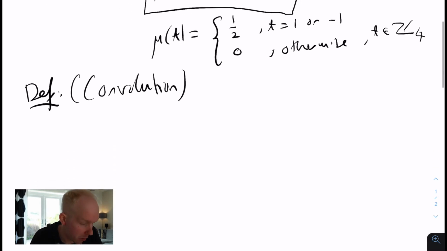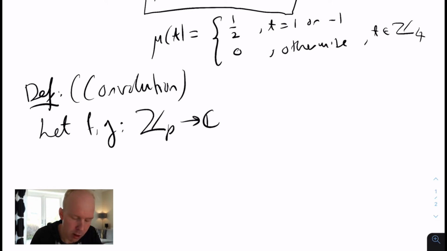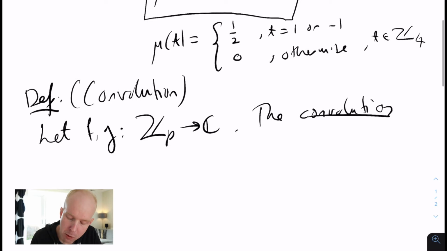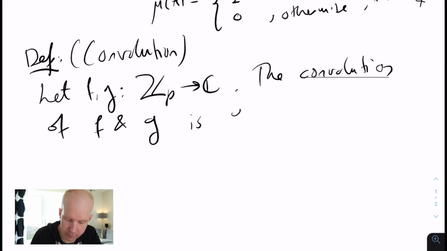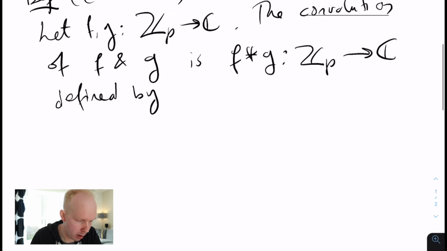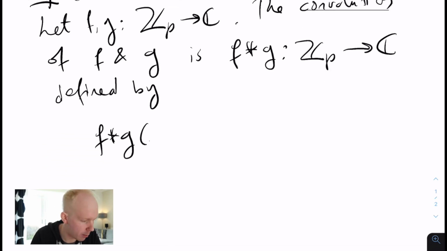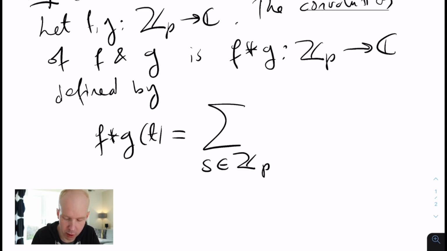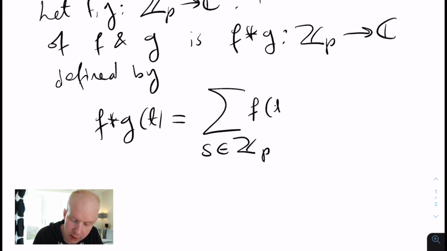And convolution is defined for any functions. So let f and g be functions from Z_p to C, and the convolution of f and g is this function f star g from Z_p into C, defined by: f star g at the point t is defined to be the summation over s in Z_p of f(t minus s) times g(s).